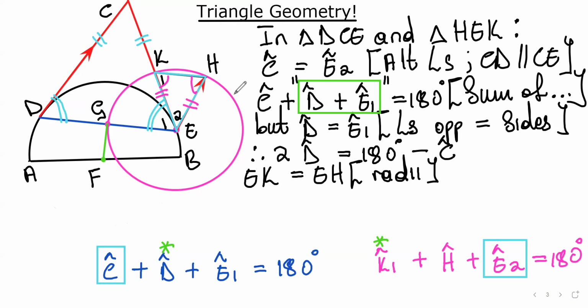So what? So this means angle K1 must be equal to angle H. Well, I began in the wrong order here. I should have begun by saying adding those up, we get 180 degrees, right? And I should have said that. Wait.